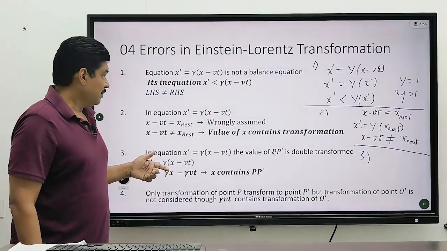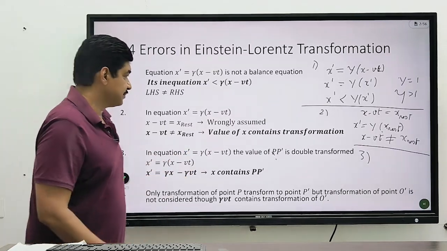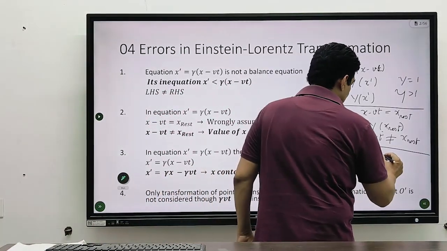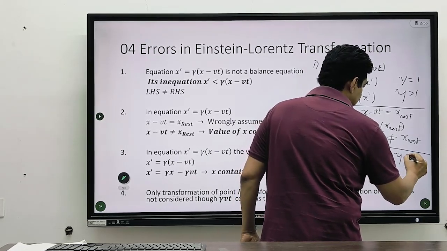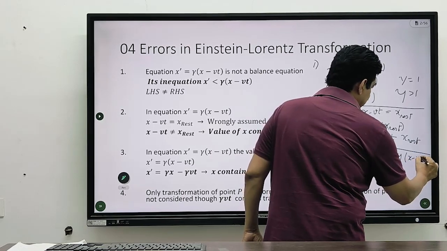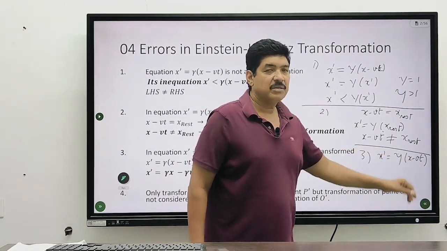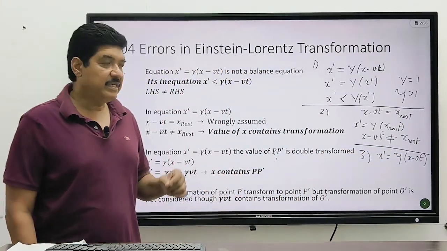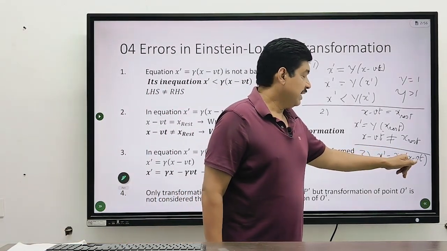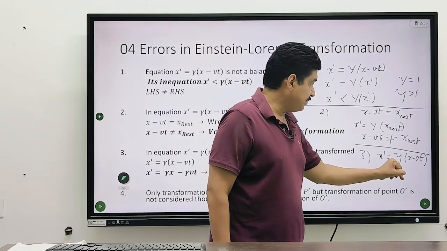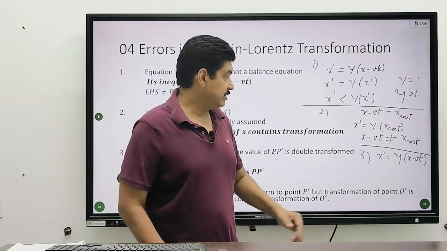In the third error, in this equation of Lorentz transformation, x prime is equal to gamma (x minus vt), this x also contains the transformation, and this transformation is additionally added and additionally multiplied by another transformation factor.